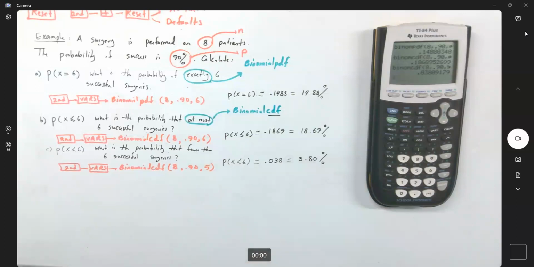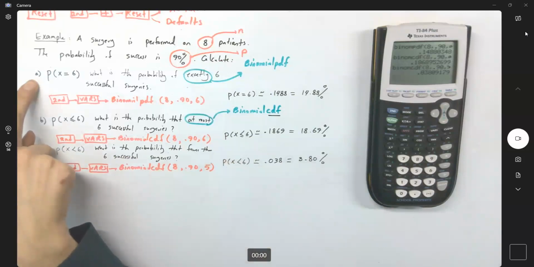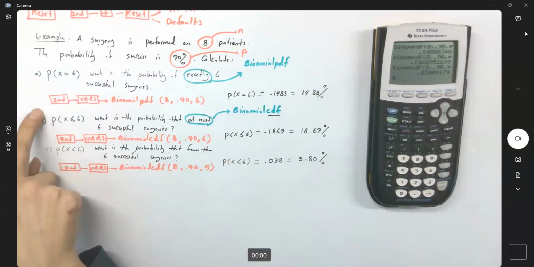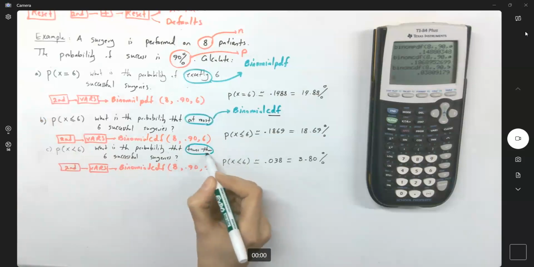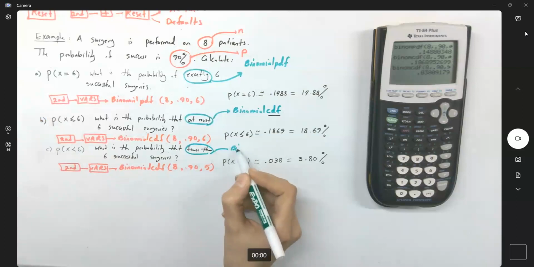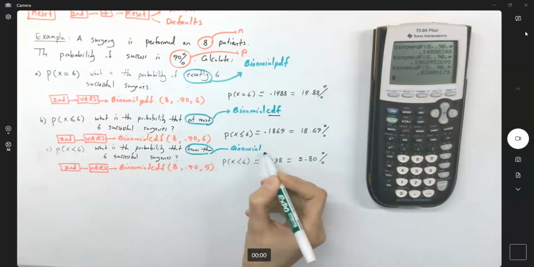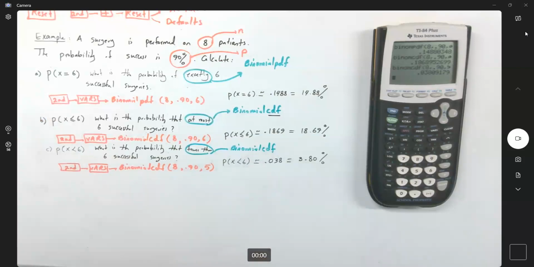We expect that this one includes the probability of 6, but this one doesn't include the probability of 6. So far, we discussed exactly, at most, and fewer than. So for fewer than, as you saw, you're using again binomial CDF. You have to do a little bit of algebra, one value less.